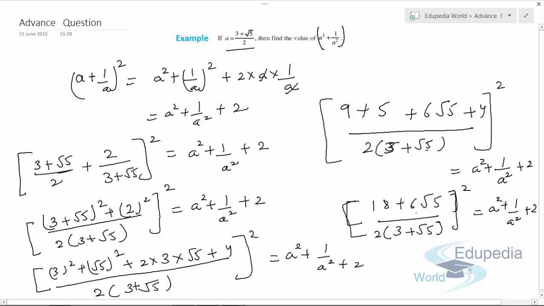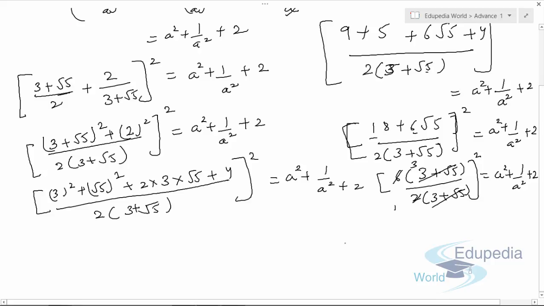Now what we can do is take 6 common out, so we are left with (3 plus under root 5) upon 2 into (3 plus under root 5) whole square, which is equal to a square plus 1 by a square plus 2. So this and this will get cancelled, and 2 ones are 2, 3s are 3, so we can write it as 3 square equals a square plus 1 by a square plus 2.